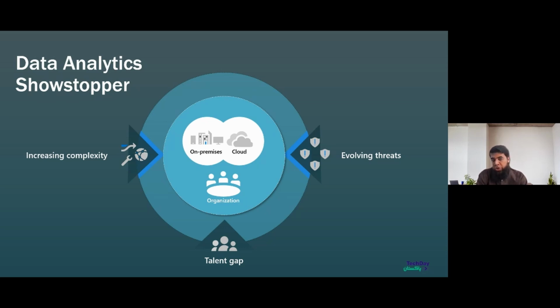So due to the increase in complexity, we are unable to find good technical human resources, and it is all again directly proportional to modern threats like ransomware and zero-day attacks, which could cause complete damage to any new digital initiatives we are going through right now.